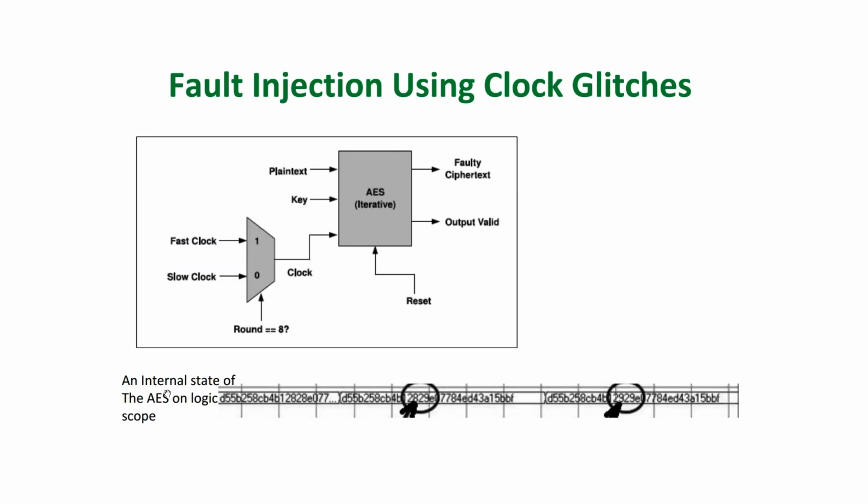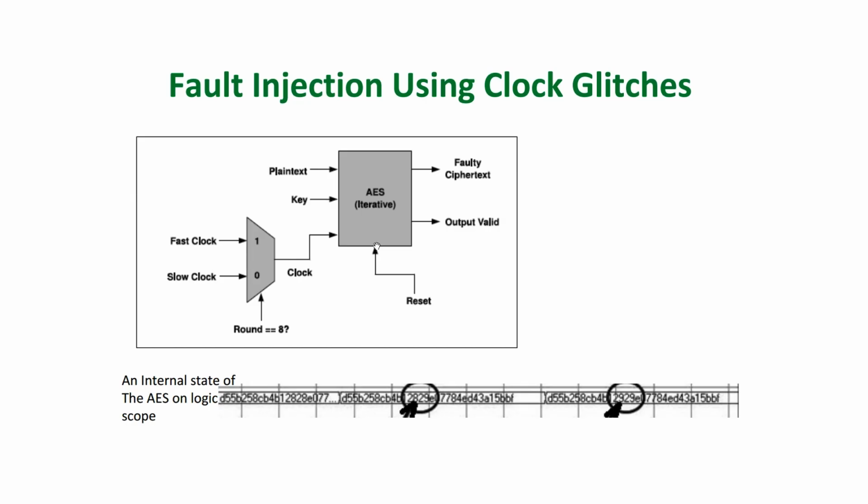So, this is an example of fault injection using clock glitching. What we have here is an AES implementation. Now, this AES implementation takes a plain text and the secret key and gives you a ciphertext. It also takes as input a clock source as well as a reset signal.